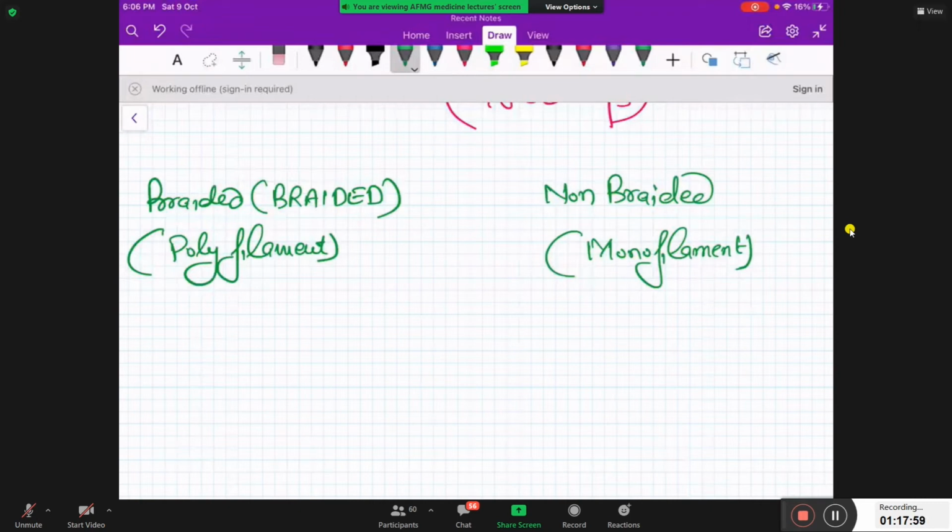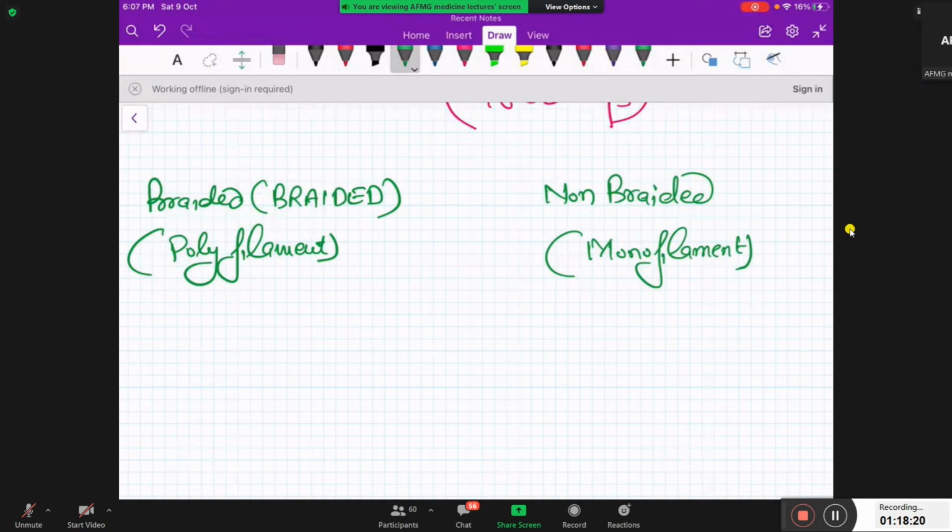Okay, now please listen to this carefully. What is braided and what is non-braided? See, imagine this is a suture. If I take this single strand and start using it for suturing, it is a monofilament suture or non-braided.